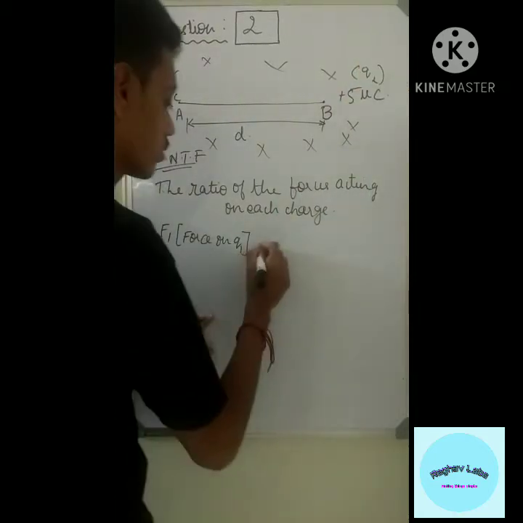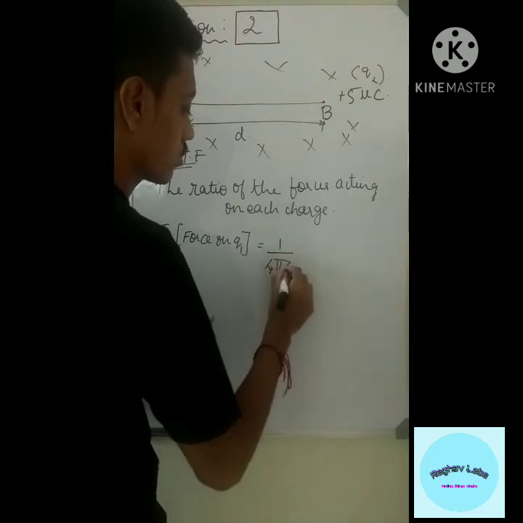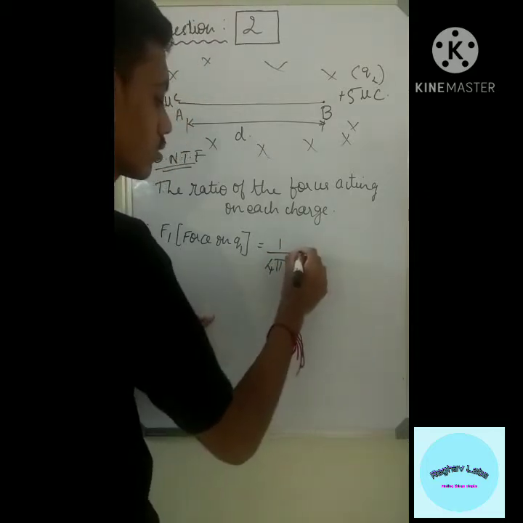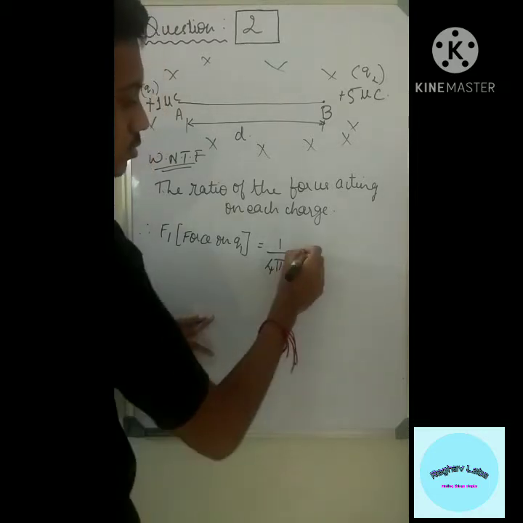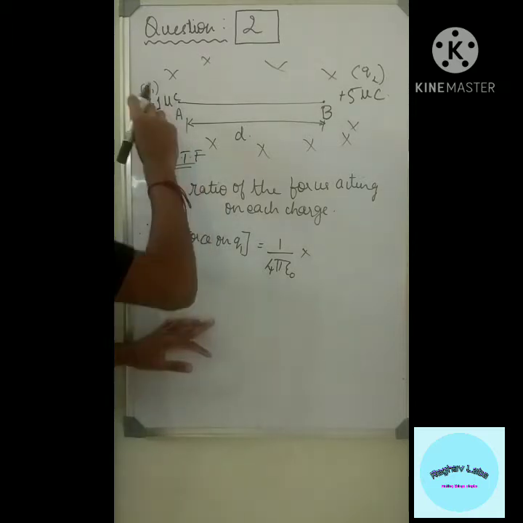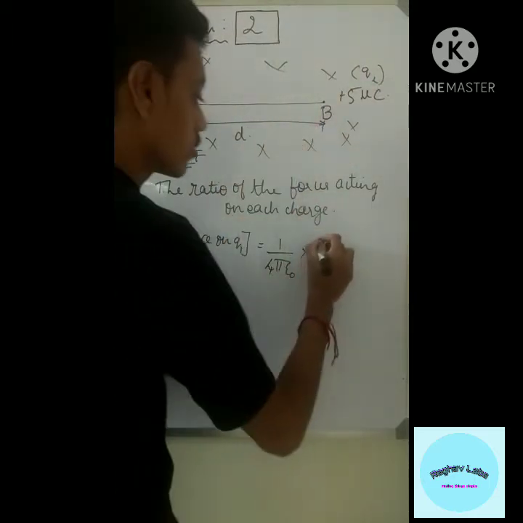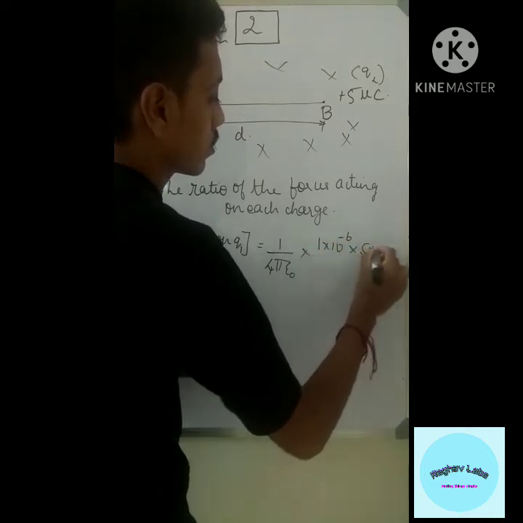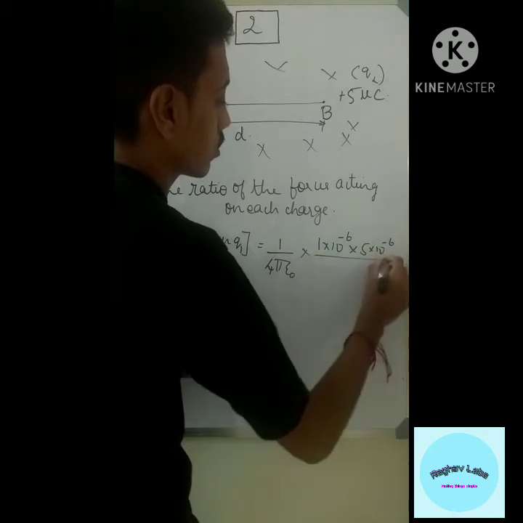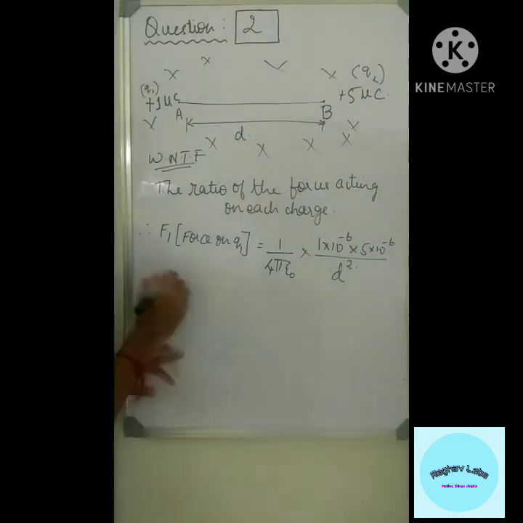Okay. So force on Q1 due to Q2 only, of course, 1 by 4 pi epsilon naught, Q1, that is 1 into 10 to the power of minus 6, micro, right? 1 into 10 to the power of minus 6 into 5 into 10 to the power of minus 6 by d square, the separation between them.